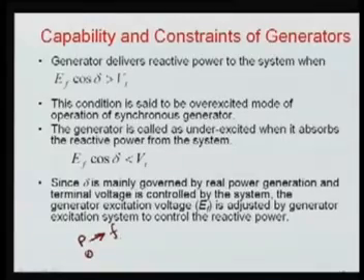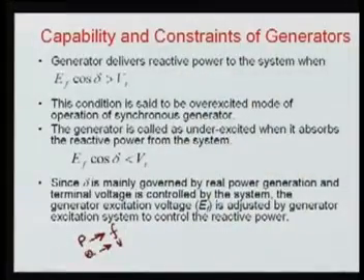However, the reactive power, which you can change in the alternators by changing the excitation, changes the voltage of the system. How much reactive power you are feeding determines how the system voltage profile will be affected.